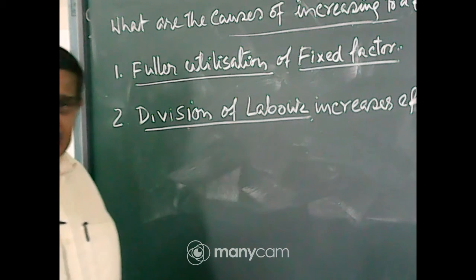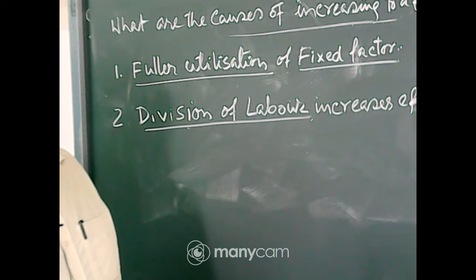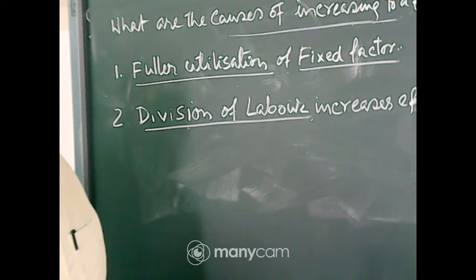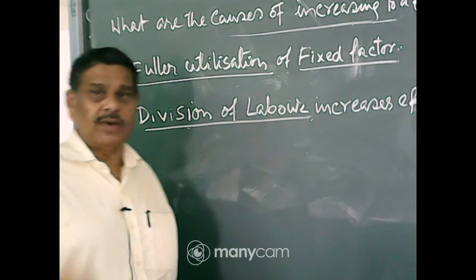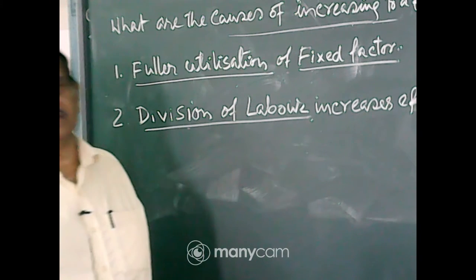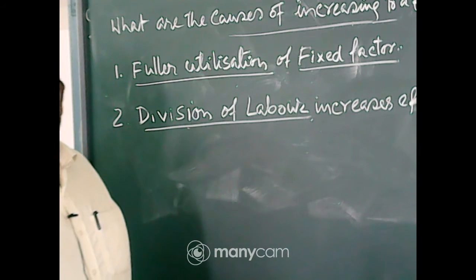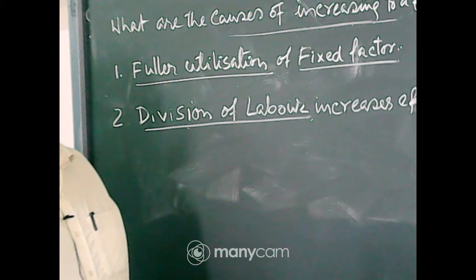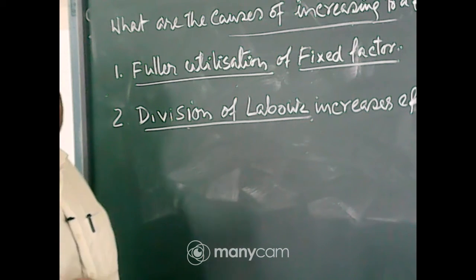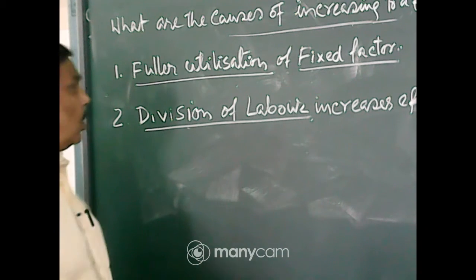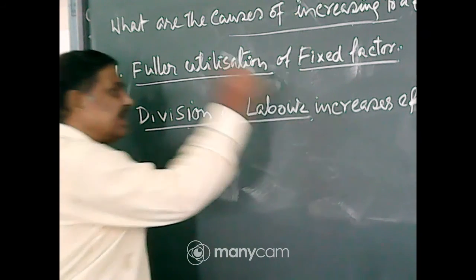That is, specialized workers should be employed in a particular part of the work in order to get more and good work, and this can be done only by making division of labor.